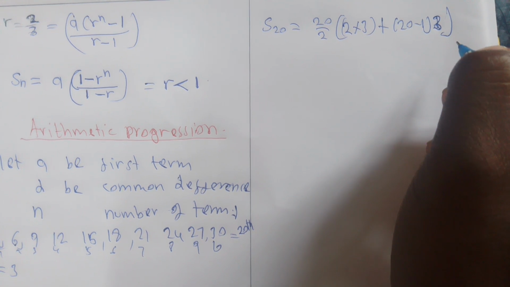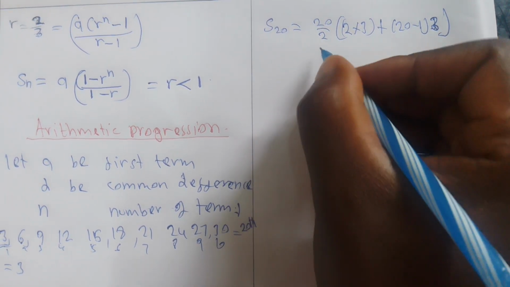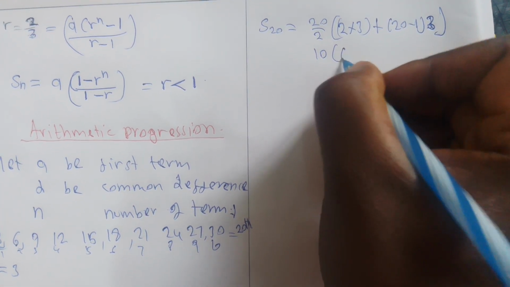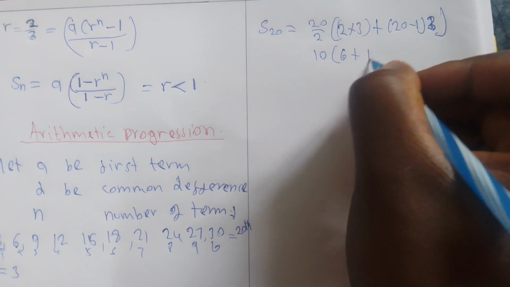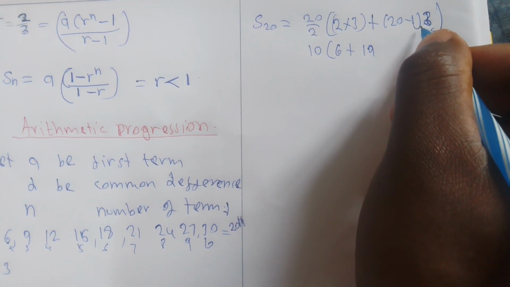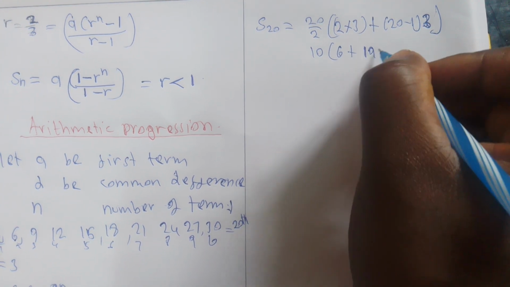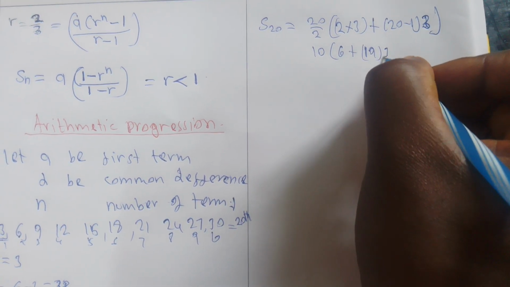When you calculate this, it is 10 into 6 plus 19 multiplied by 3.